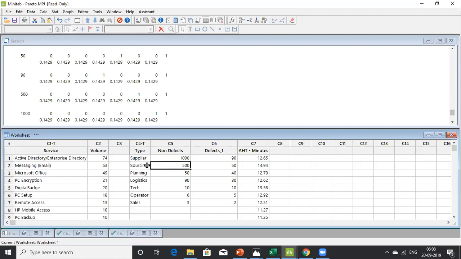Against 500, there are 50 defects. Similarly, against 50, there are 40. Now, if you look, there is a proportional difference. So for supplier, there are proportionately fewer defects compared to planning, even though the number is higher for supplier. Right.